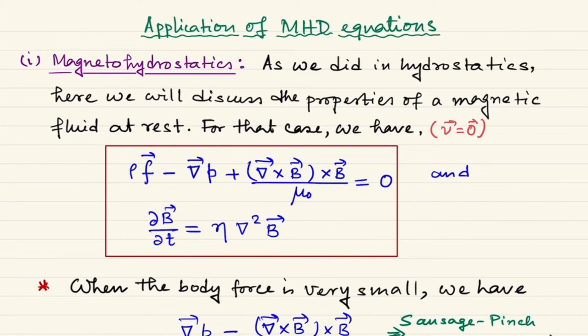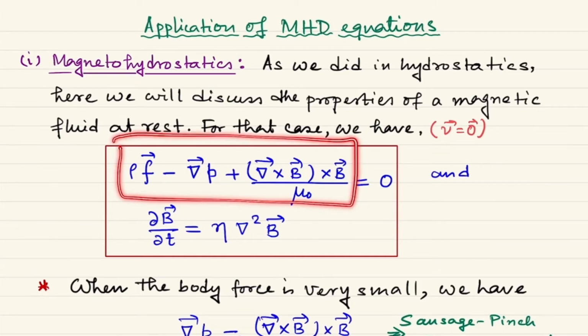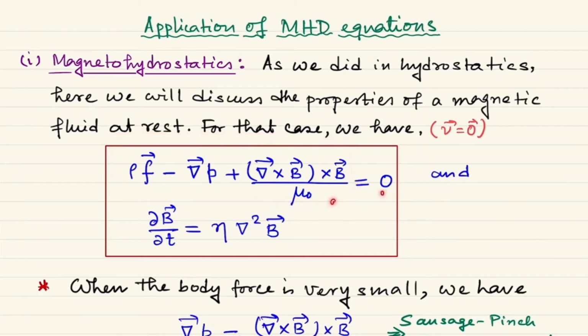So when the fluid is at rest, the magnetic field would simply diffuse. And all three forces, body force, pressure gradient force, and the Lorentz force, balance each other, giving a net contribution of 0.